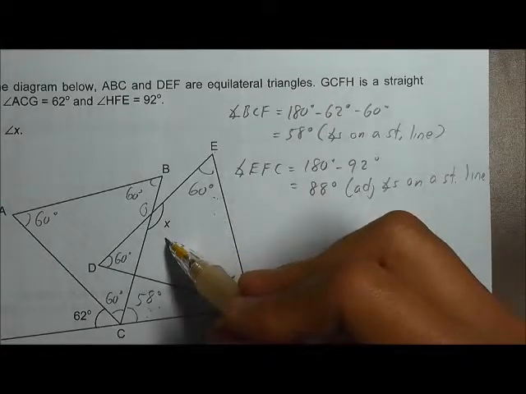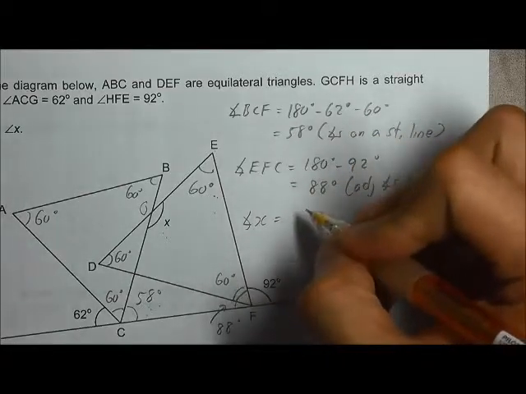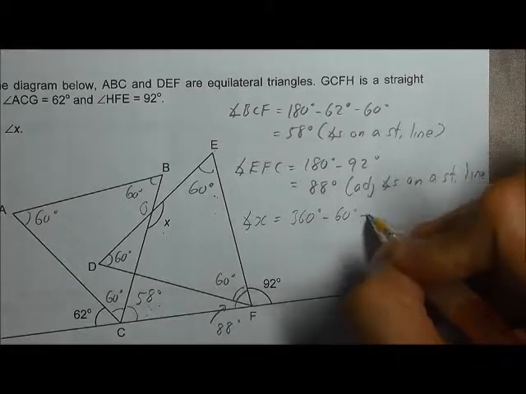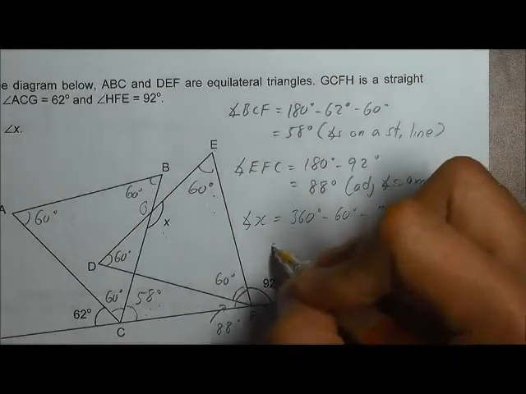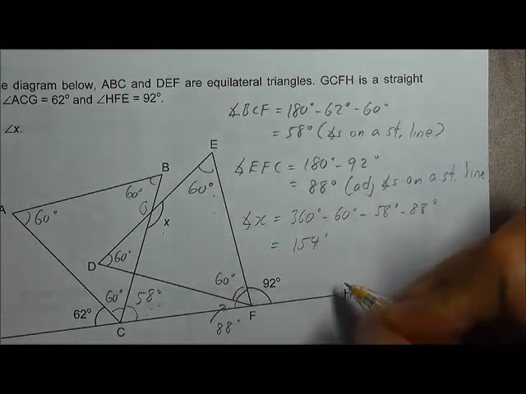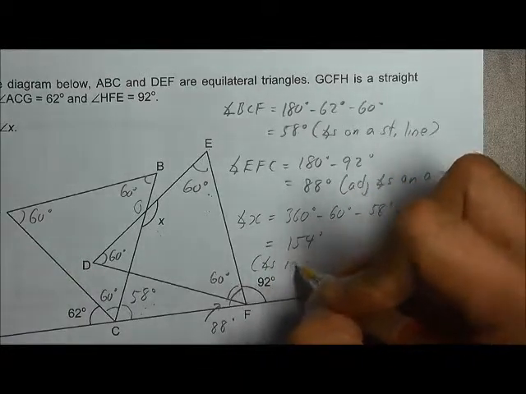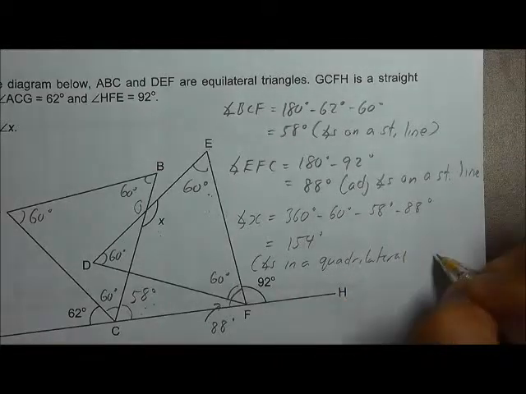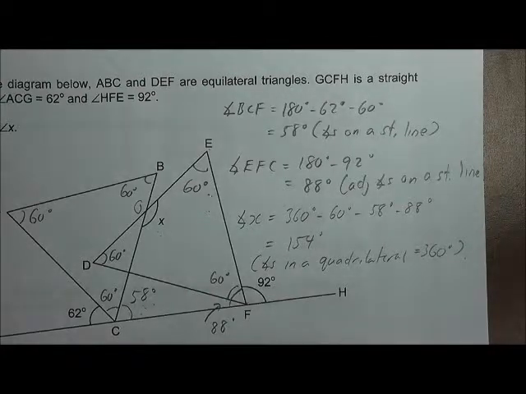It should give us angle X. So angle X is equal to 360 minus 60 degrees minus 58 degrees minus 88 degrees. That will give us 154 degrees. Okay, so this is due to angles in a quadrilateral equals to 360 degrees.